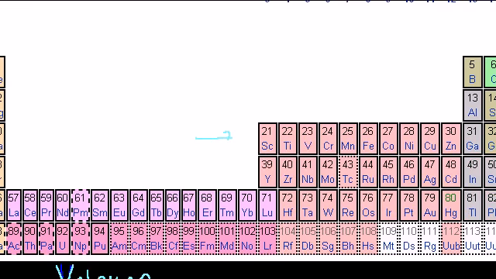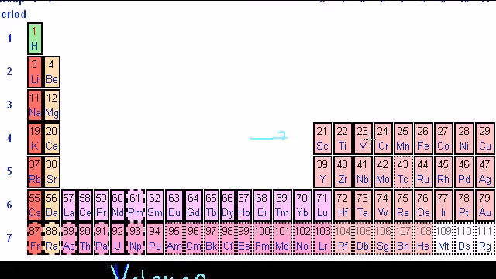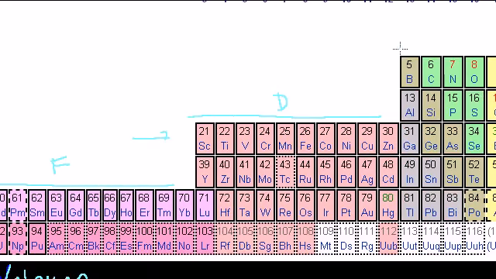But obviously this type of periodic table is a lot harder to fit in. You could have done the same thing with the D block, actually. So in this one, this is the S block, this is the F block, this is the D block, and this is the P block right here.